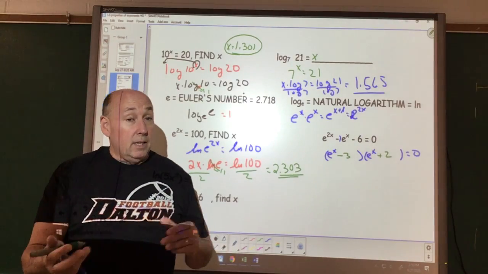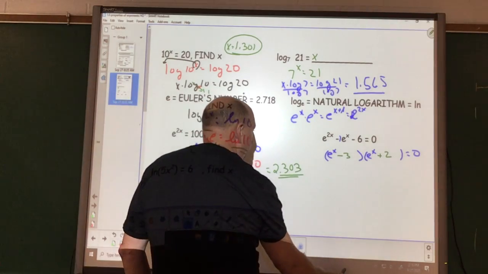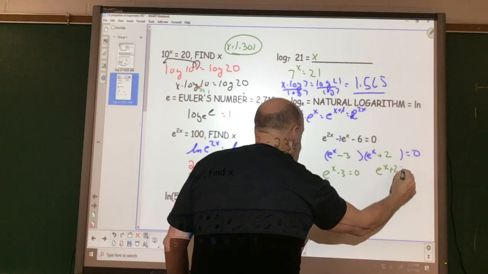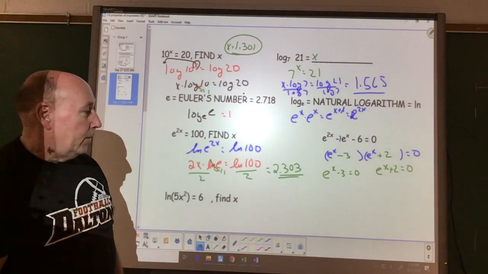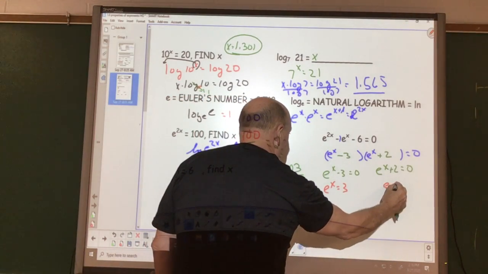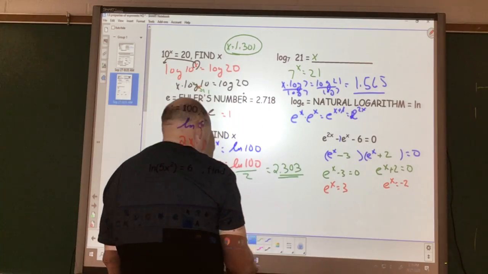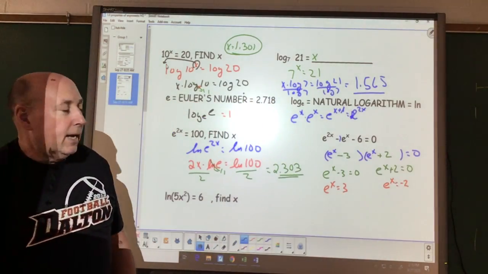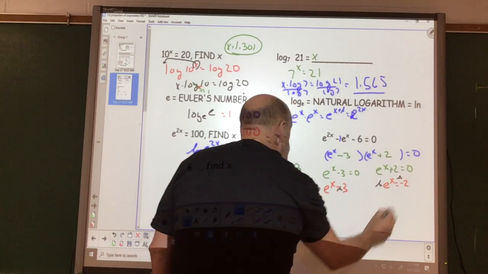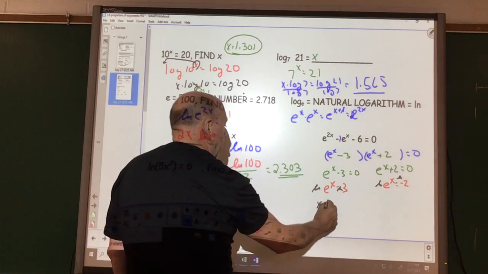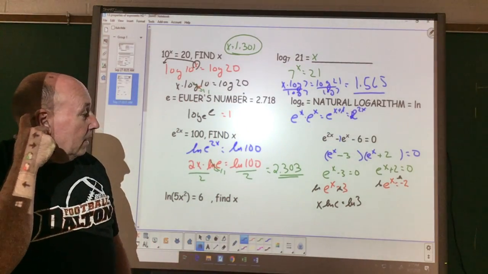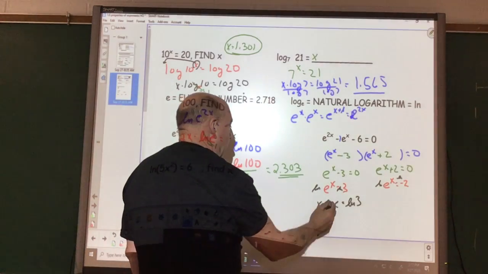Have a quadratic idea that setting both our factors equal to 0. So we have e to the x minus 3 equal to 0, e to the x plus 2 is equal to 0. So solving this, we have e to the x is equal to 3. e to the x is equal to -2. We can take the ln of both sides. The x will come out. ln of e, once again, will just give us a value of 1.